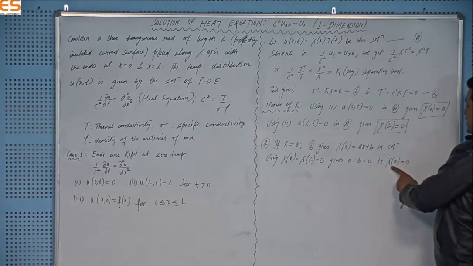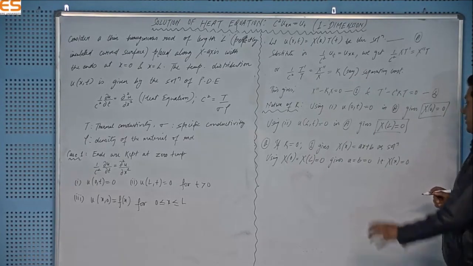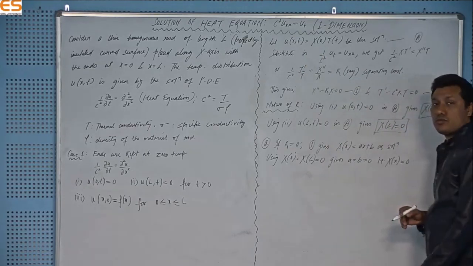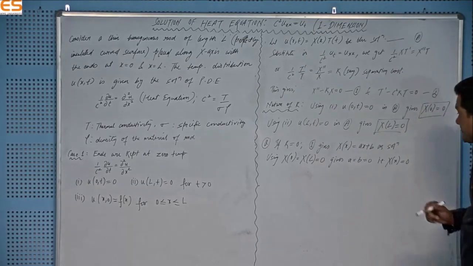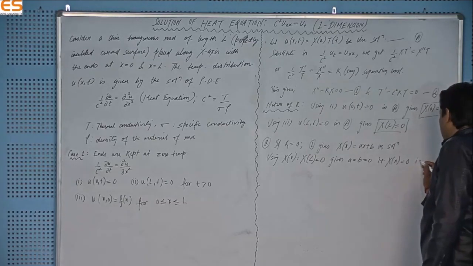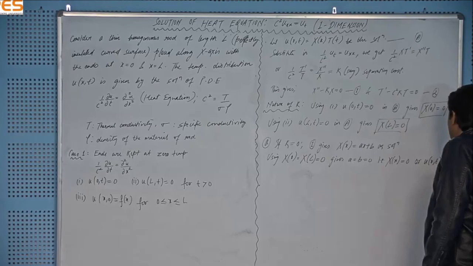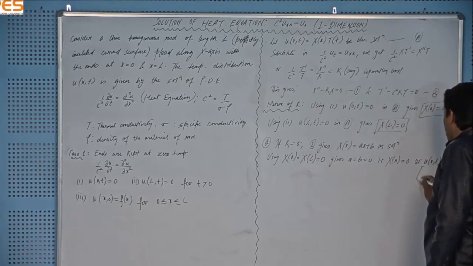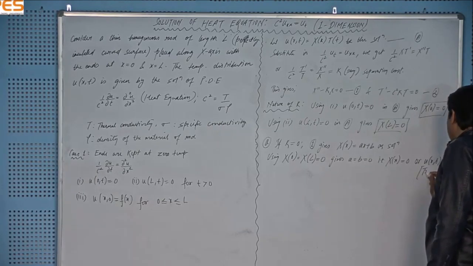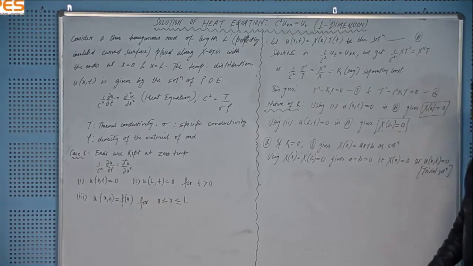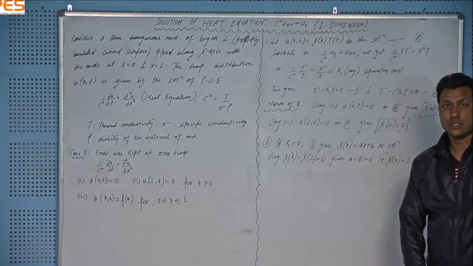And after getting X(x) is equal to 0, and on putting this value here, I will get u is equal to 0, a zero solution that is of no interest, right? That is, u(x, t) equal to 0 solution, and that is always avoided, trivial solution, right? So we cannot take k is equal to 0.